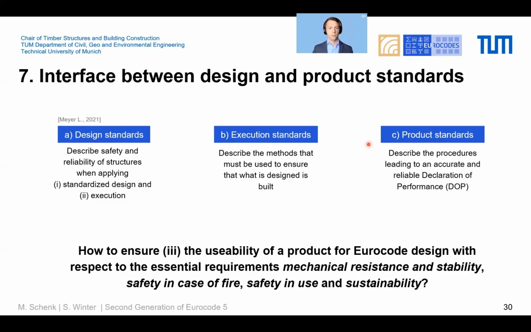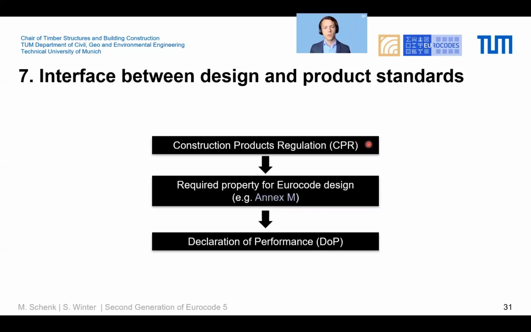The second generation of Eurocode 5 will now provide a list of properties, the so-called Annex M of the documents. This Annex M serves for the first time as information basis for product regulators and manufacturers. It will declare parameters of construction products and materials that structural designers expect in order to apply a product according to the Eurocodes.